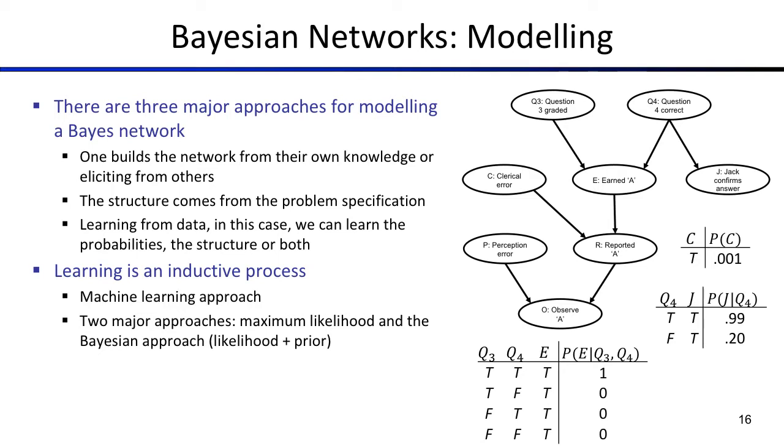A second possibility is from the problem specification by itself. For some problems, as we read the specification, it is clear what the underlying graph is that you need to use. Maybe a very simple example for that is when you want to model an image as a probabilistic graphical model.